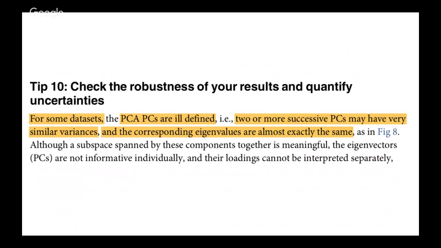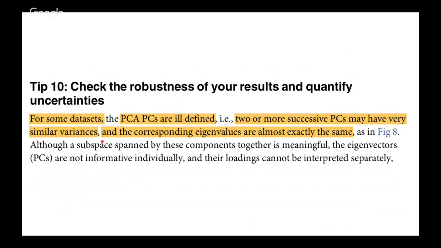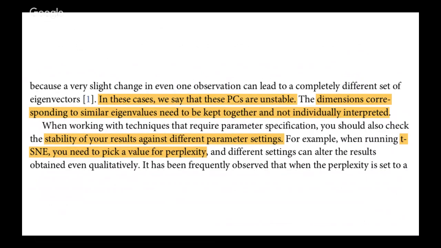Essentially, for some data sets, the PCs are sometimes ill-defined, and 2 or more successive PCs may have very similar variances. You can spot this in the scree plot, and it's a good way of knowing if the PCA has been applied to the satisfaction of what's needed.